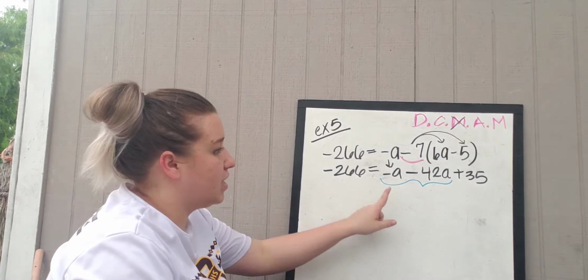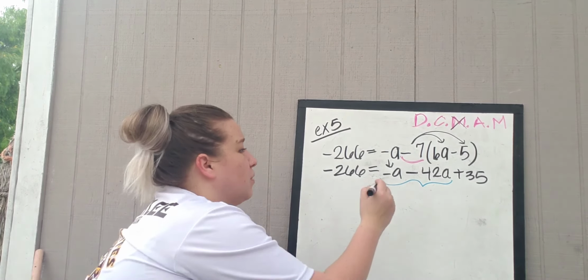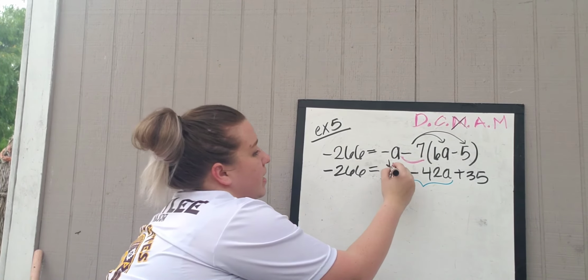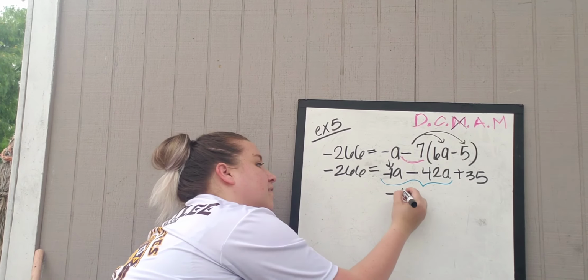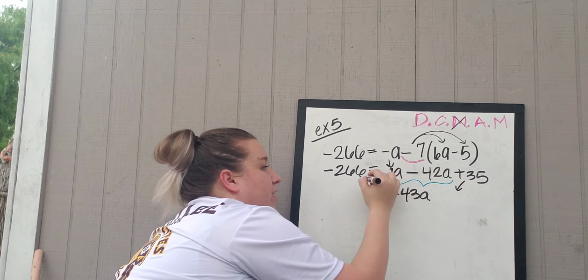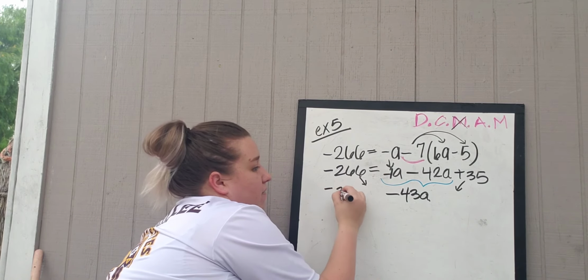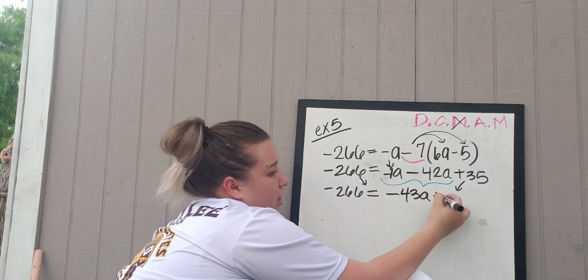Now remember, what's the only number that can disappear whenever it feels like it? 1. So we're going to give it a 1. Negative 1 and negative 42 become negative 43a. And then everything else is going to drop. Negative 266, sorry, and 35.